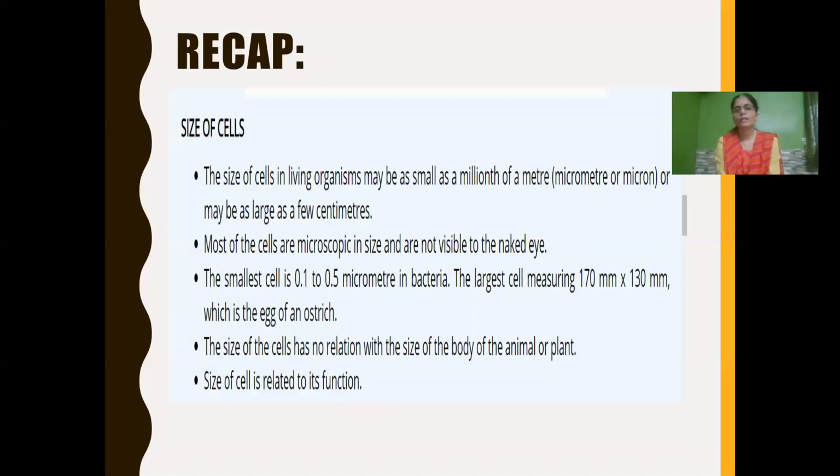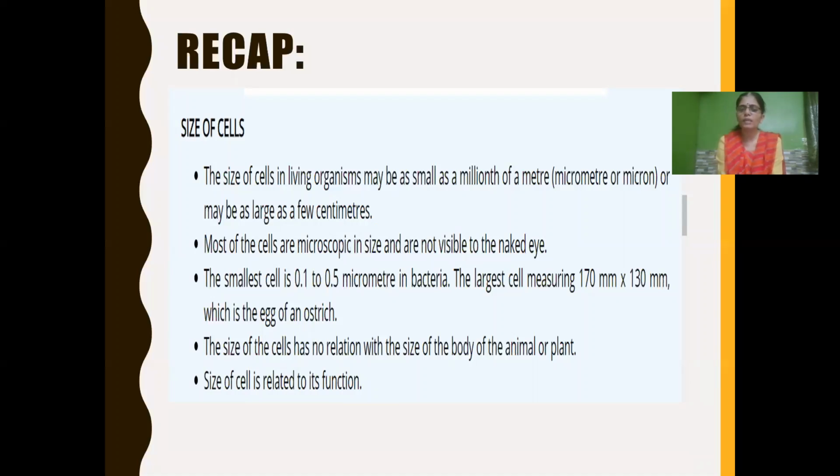Okay, children, so till now we have learnt about the size of the cell. Living cells in living organisms may be as small as one millionth of a meter, which we call a micrometer, or as large as a few centimeters. Most of the cells are microscopic and we cannot see them with our naked eye.